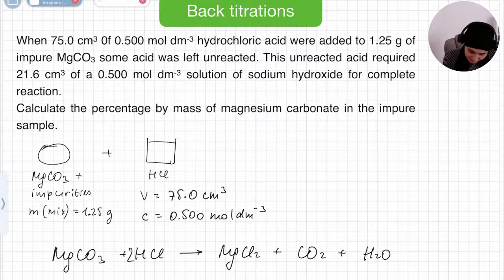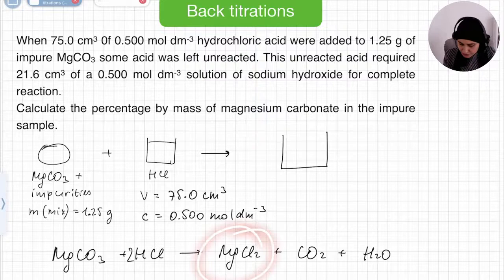Then let's see what's happening next. They reacted, right? And when they reacted, what did we get? Well, we got magnesium chloride, so this was a solution of magnesium chloride, CO2, and water. And what else? Impurities did not react. And also this is where the back titration is important.